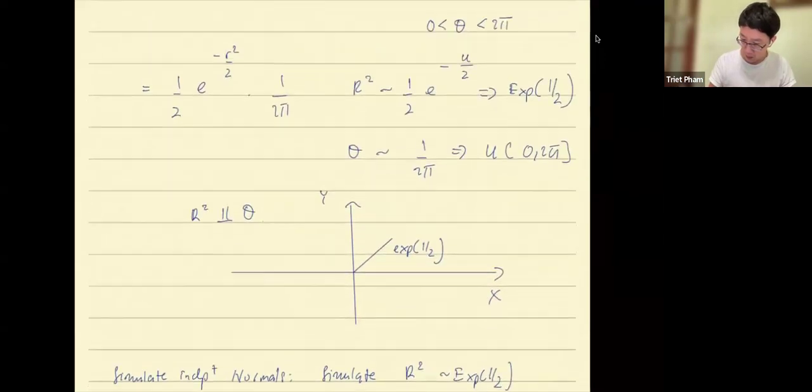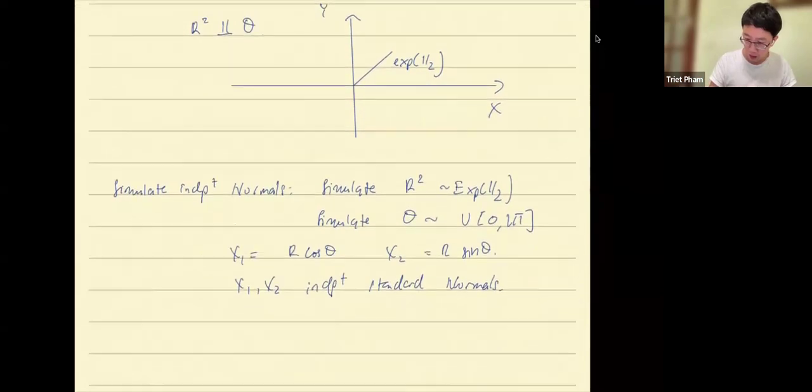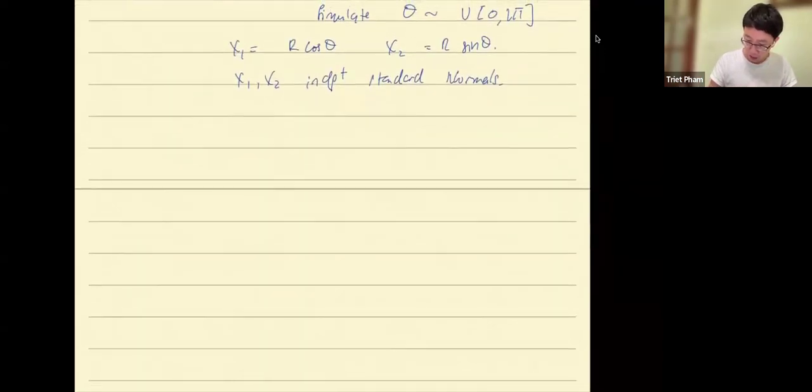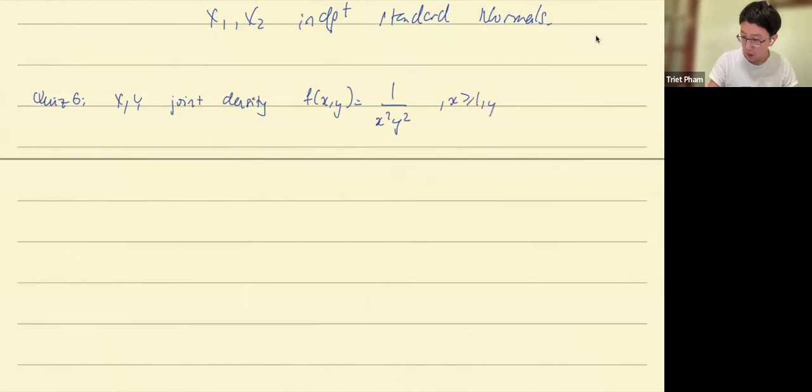All right, so let's just do more problems to make sure you get the techniques in. So quiz 6. Suppose x and y have joint density one over x squared times y squared, for x, y bigger or equal to 1.